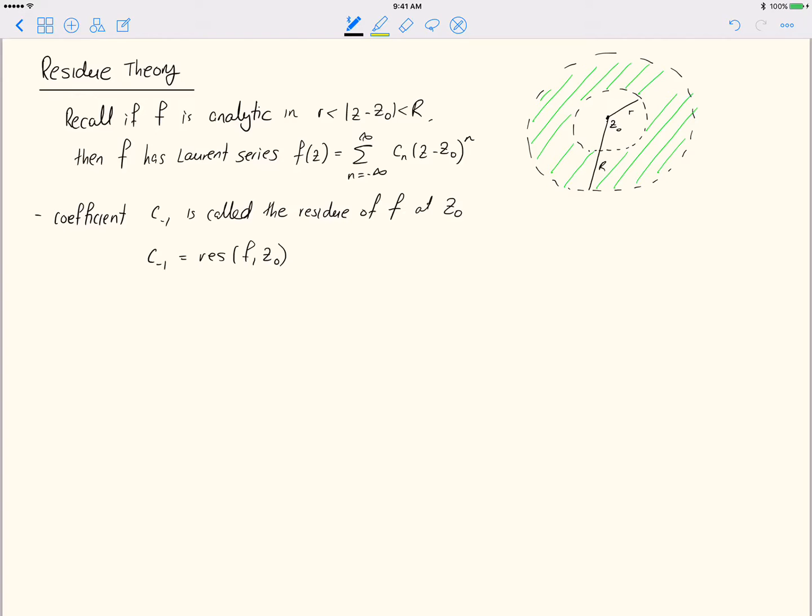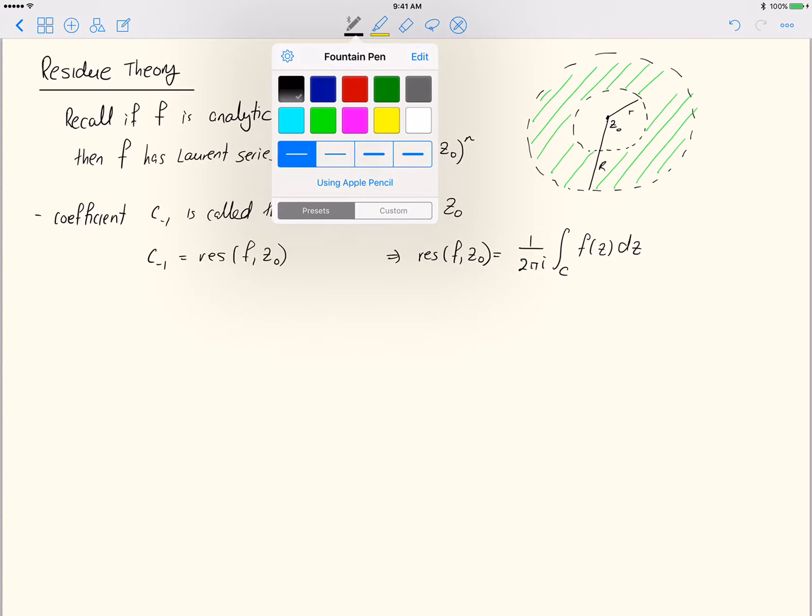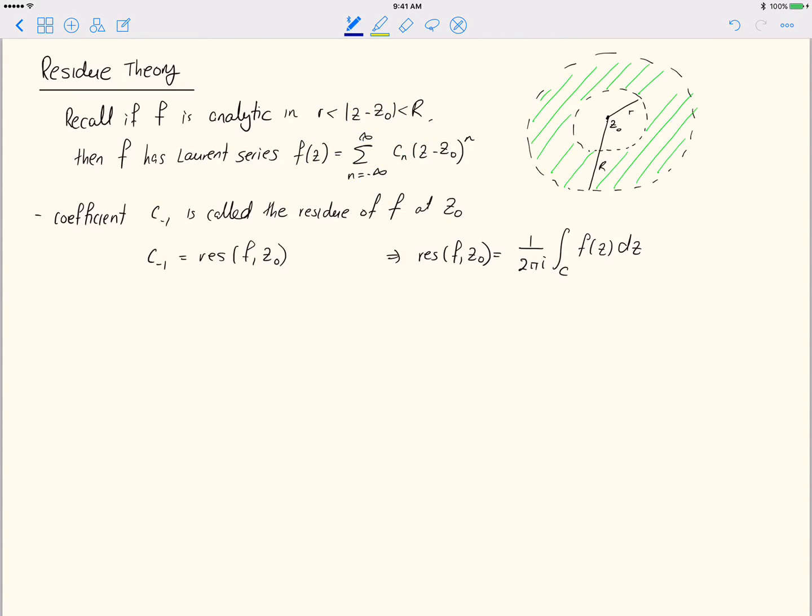Okay. Now you might remember from the very first video I did in this series that we have a formula for Cn. So using that formula, I know that actually the residue of f at z0 is given by 1 over 2 pi i times the contour integral around c of f of z dz, where c is any closed contour in that green region which surrounds z0.